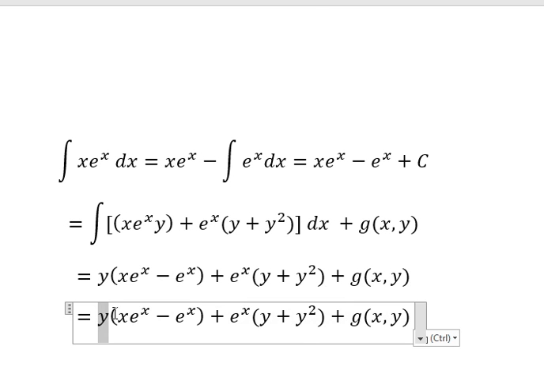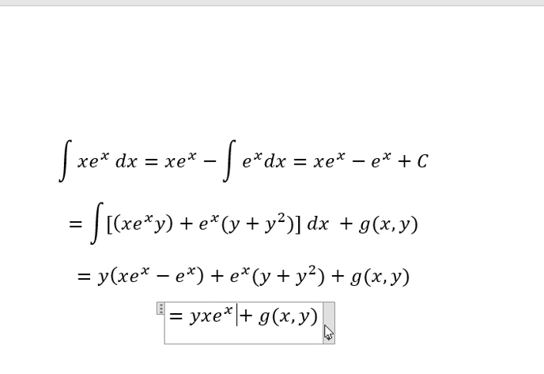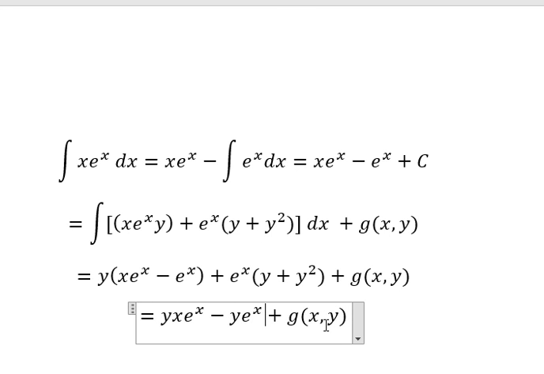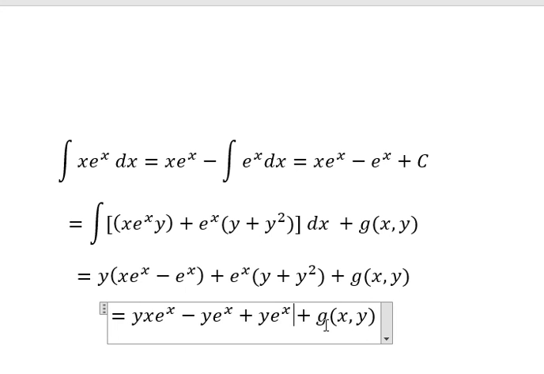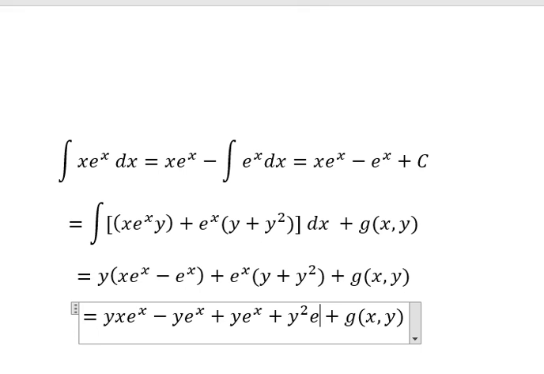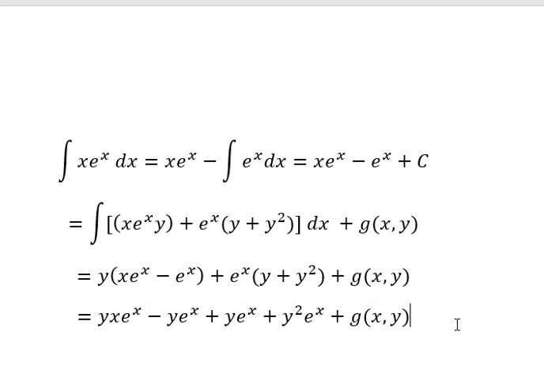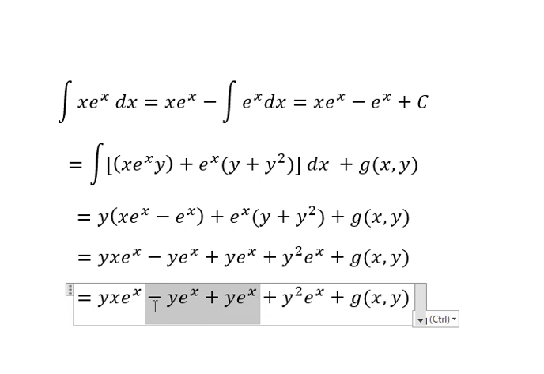And now y we multiply by this one, e to the power of s multiplied by this one. Now we need to simplify this one.